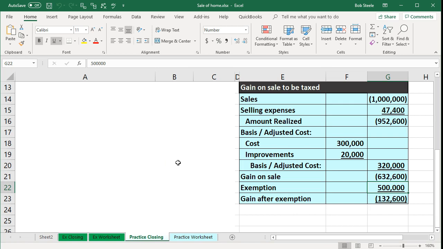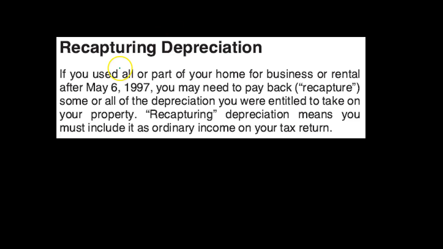You can see how that might end up happening, given that this exclusion is a special exclusion just for the home sale, and the depreciation was taken with relation to business use or rental use typically. So they're going to say in some cases that recapturing depreciation means you must include it as ordinary income on your tax return, which means it's going to go on basically the 1040, and typically you have to pay the ordinary income rates on that.